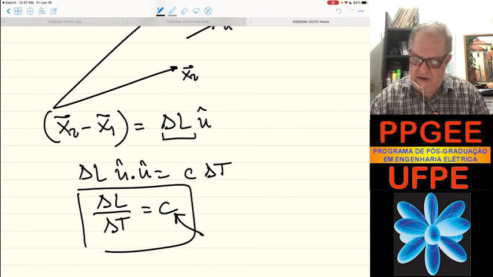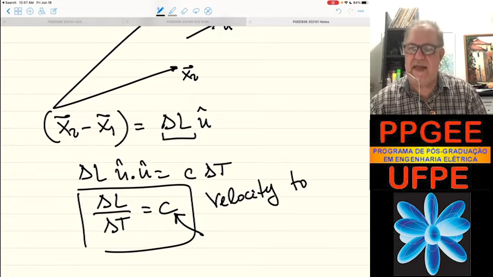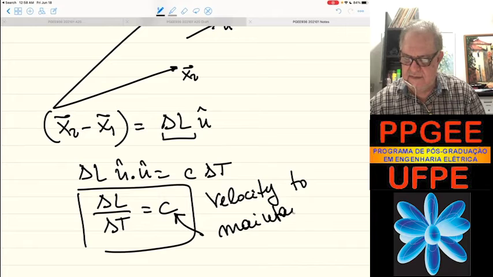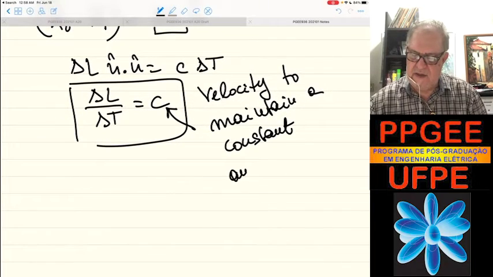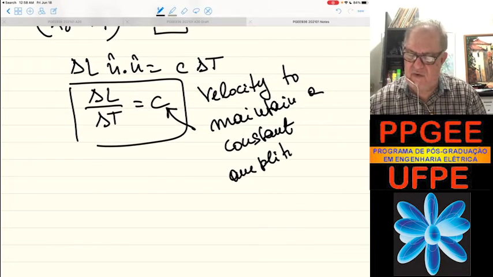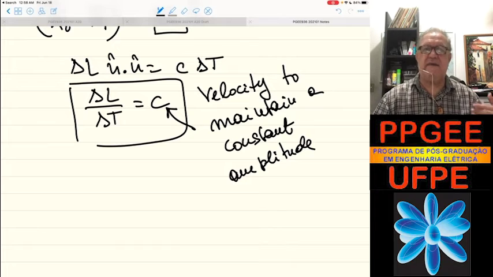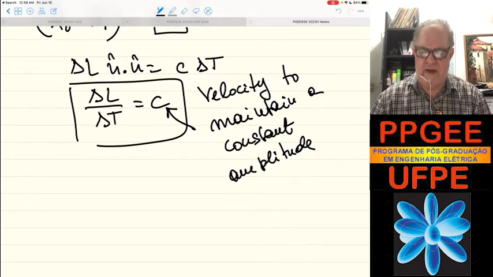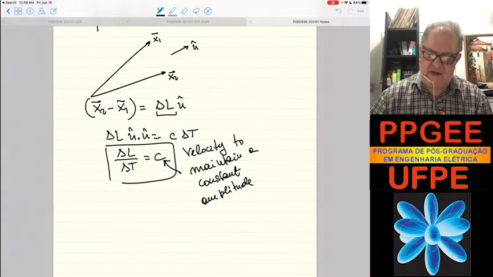So that's the velocity to maintain a constant amplitude. So the surface has to move along the u direction with the speed of light, c. Okay?